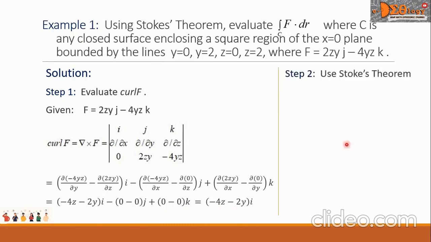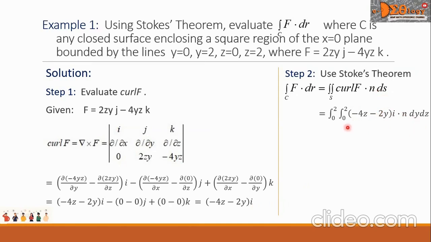Now step 2, let us use the Stokes theorem. We have this formula. Substituting the corresponding values, we start with the curl F, that is the value we derived from step 1. So we have now in here. The ds, we write here dy dz.